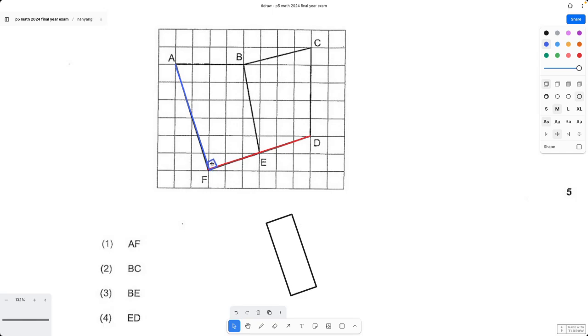This is perpendicular, right? Like this. So I'm going to draw this over here.